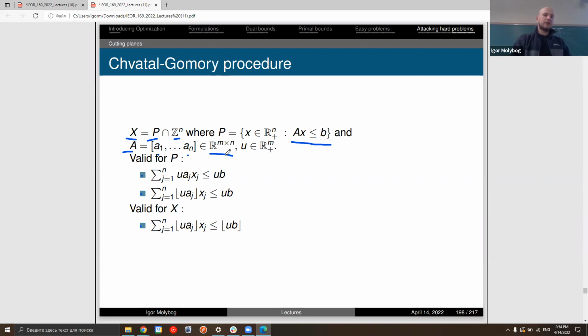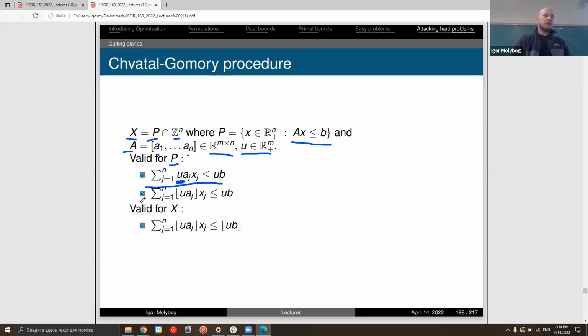Basically, it's an M by N matrix, and U is a non-negative m-dimensional vector. The following inequalities are valid for P. First of all, if we just sum up the inequalities with weights U, we'll get a valid inequality.